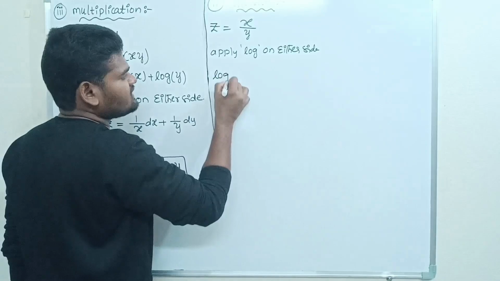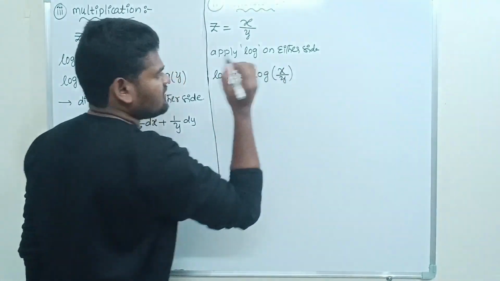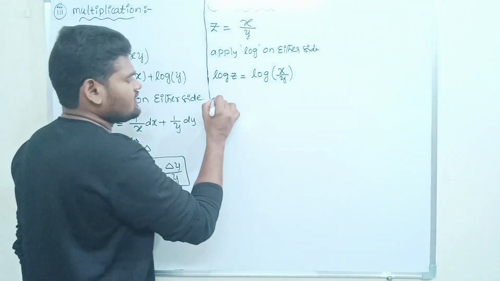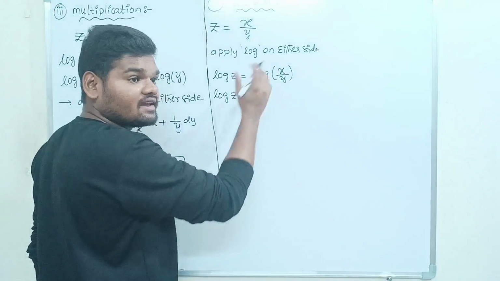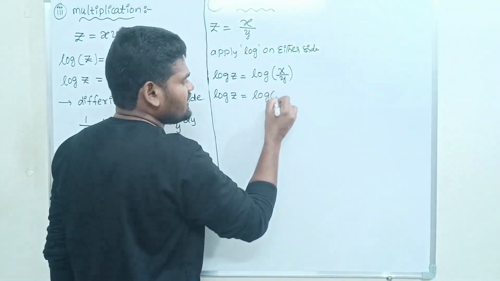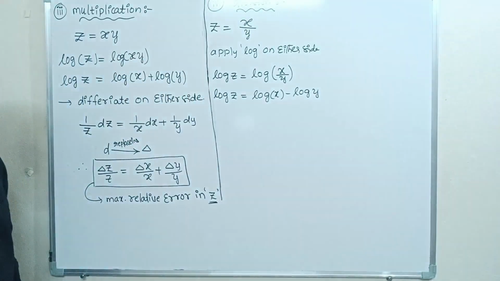So log z is equal to log of x by y, which is log a minus log b.